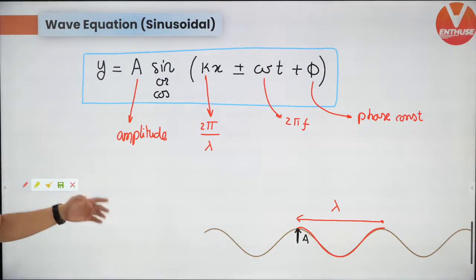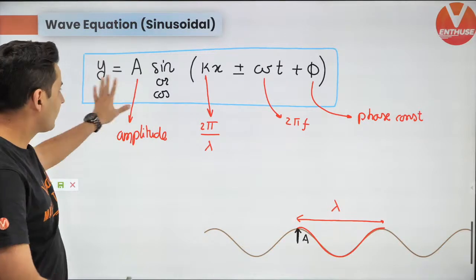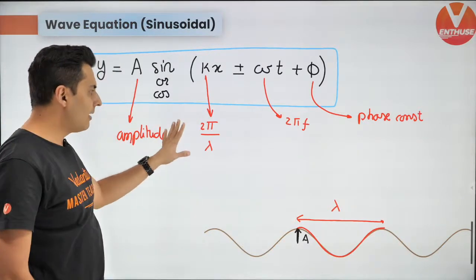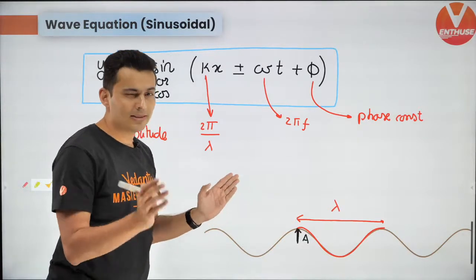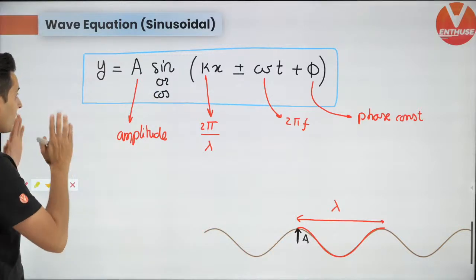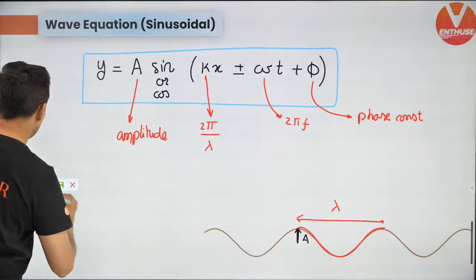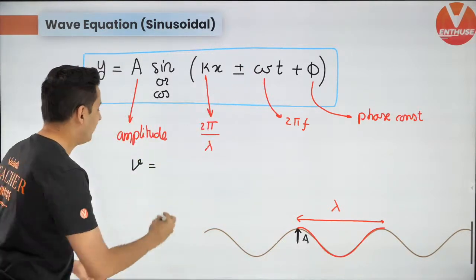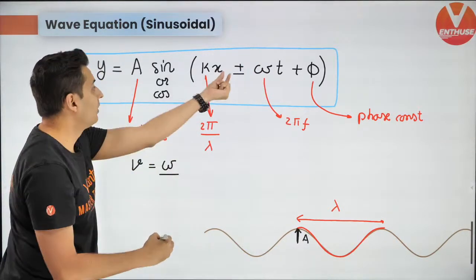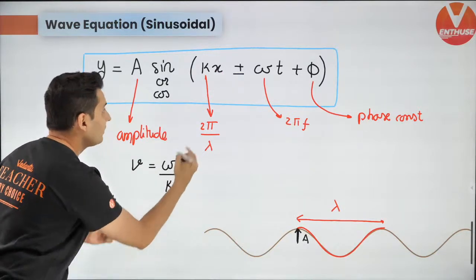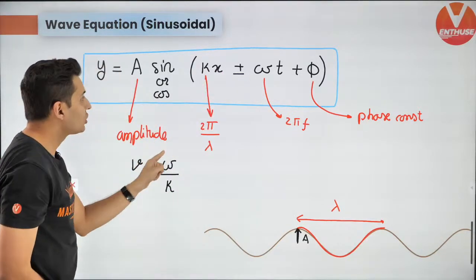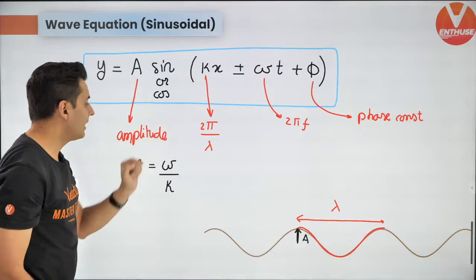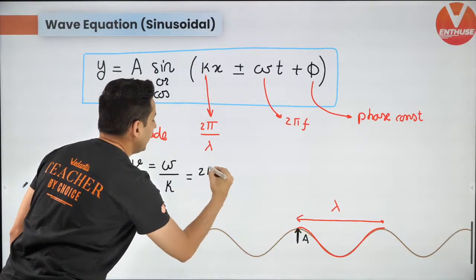Now let me show this to you so that you get some idea. I'll probably have to erase this, so I'll just erase it after some time. First, let me get to all the terms and then I'll show you all the simulations. Remember, I just told you some time back, wave speed is the coefficient of the time term divided by the coefficient of the x term, b by a. So here b is omega, a is k. And what is omega? 2 pi f.